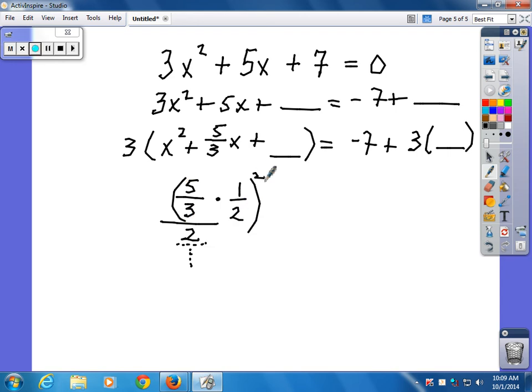Half, and then I take that and I square it. So if you need to write this out, do it, because some people try to do it without writing it out, and they're not ready for that yet. And 5 over what? 6? 5 over 6 squared is 25 over 36, right?